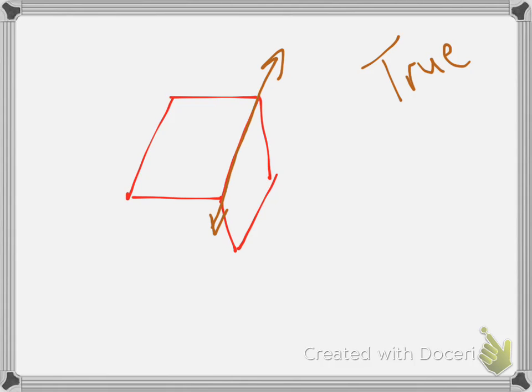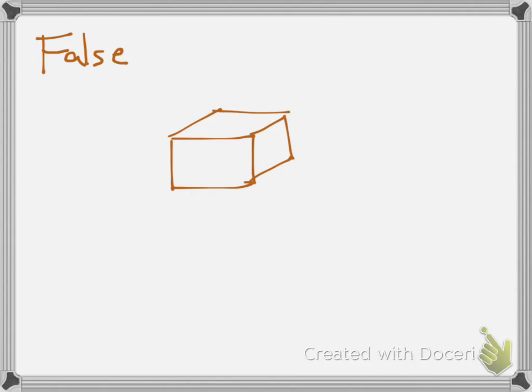Okay, and this one says a line lies in one and only one plane. That is actually false because think about the box. Okay, so if I have that prism, this line right here lies in two planes. It lies in this plane, and it also lies in that plane. Okay, so that one is false.